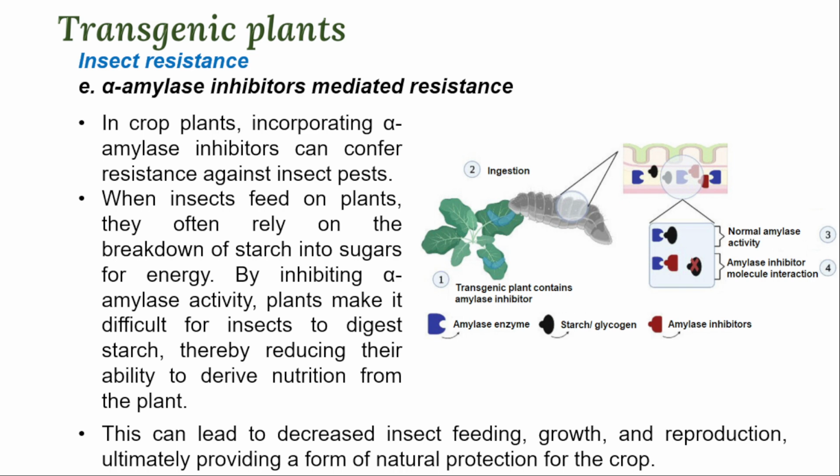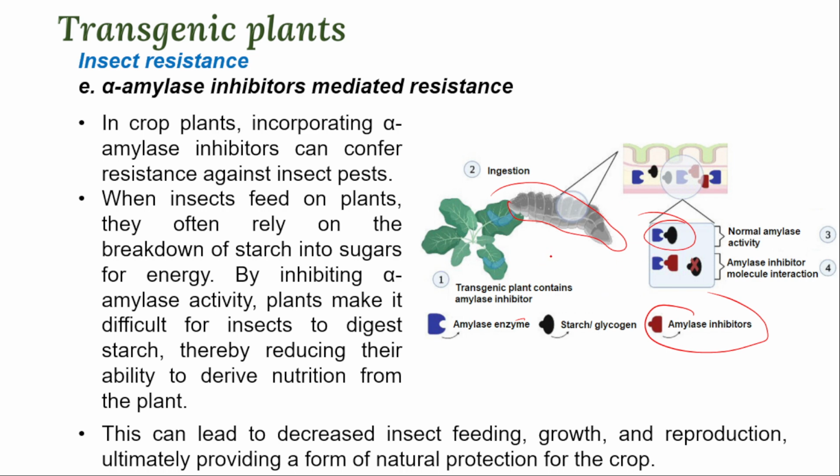One more type of inhibitor that can be engineered into plants is amylase inhibitors. What are amylase inhibitors? Amylase is the enzyme produced by insects for the digestion of carbohydrates. The plant contains reserve food material called starch and glycogen, which should be degraded by amylase. Whenever the plant itself produces amylase inhibitors and the insect ingests the engineered plant, these amylase inhibitors bind to the amylase enzyme and prevent digestion.